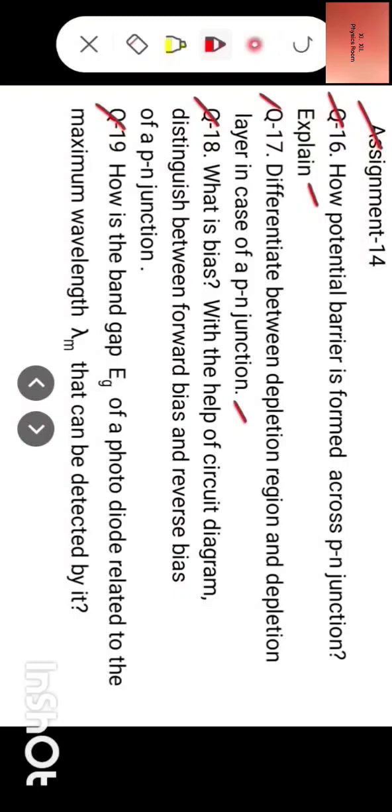Calculate lambda m, and that will be equal to hc by Eg. So that will be the maximum wavelength that a photodiode can detect. A photodiode is a device which can convert light energy into electrical energy.